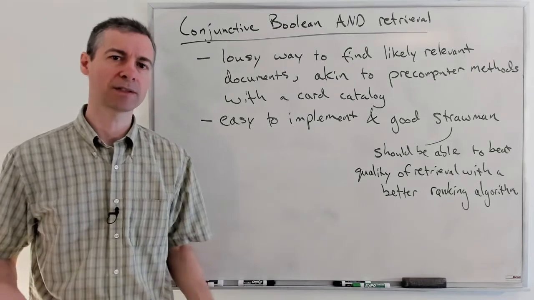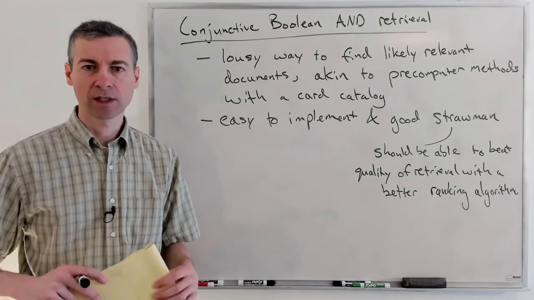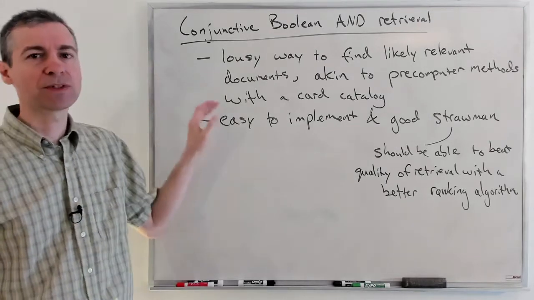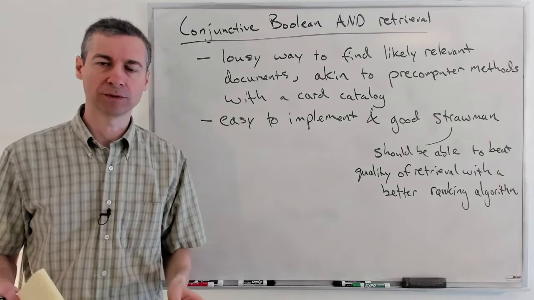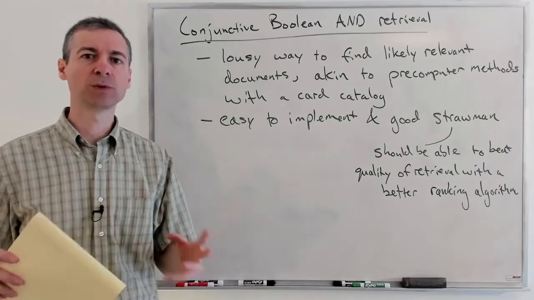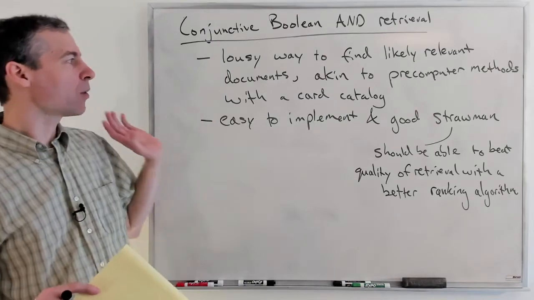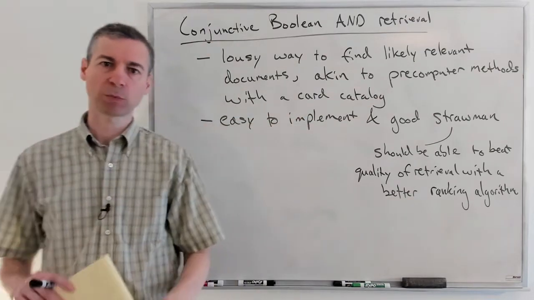I've always hesitated to actually cover this in an information retrieval course because this is a lousy way to do retrieval. It really, truly is not what we want to do. This is like going back in time to the pre-computer methods.